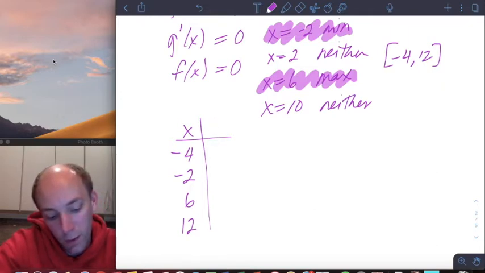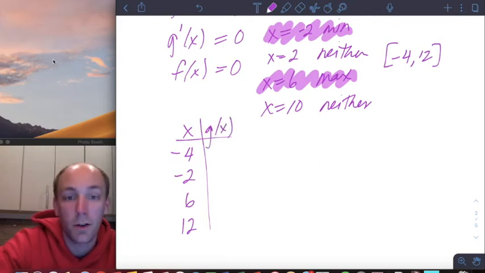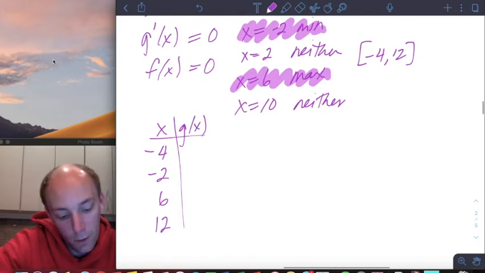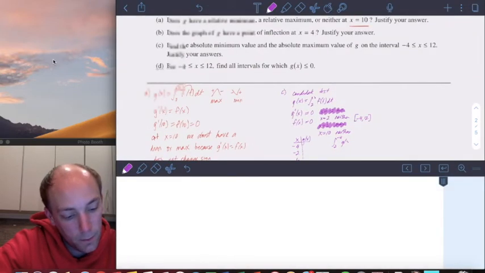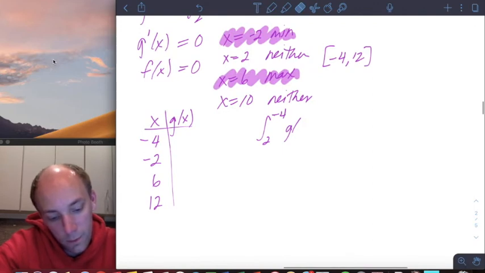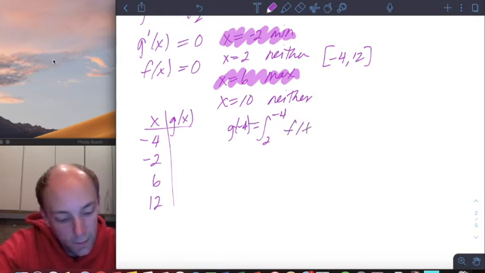So we need to plug these into the g of x function. Okay, so the integral from 2 to -4. Right, because g of -4 is equal to the integral of f of t dt.